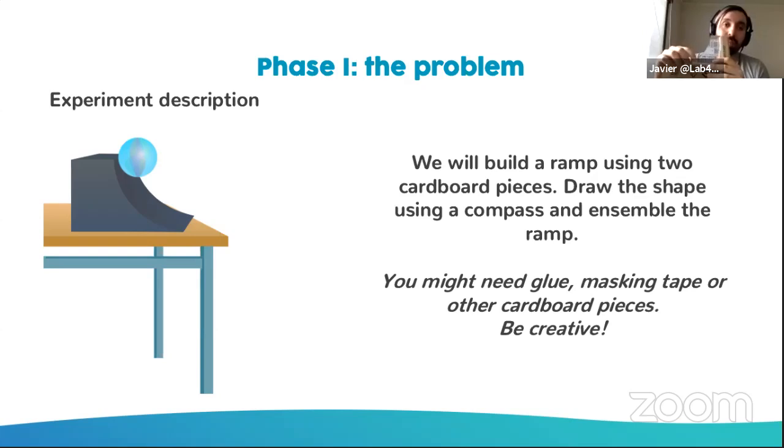It may be as big as a basketball, it may be as small as a marble. So you may need to adapt your design, the way that you fix every piece together, and that is a very good engineering problem, to have a really nice structure for your ball to fall through.